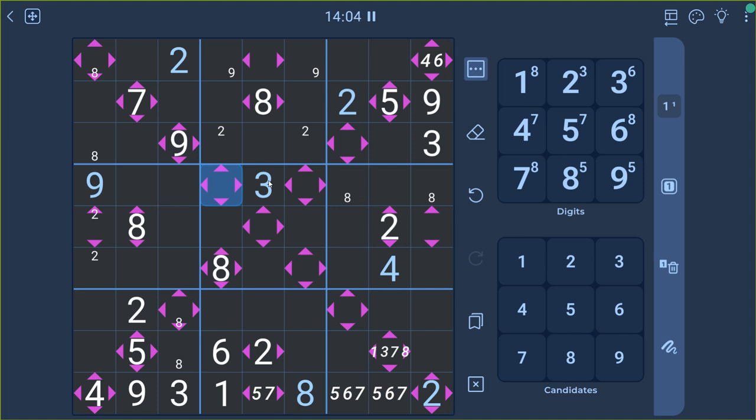This can be a 4. 4 can go in 3, but this can't be a 3. 4 can go in 2. So that's either a 2 or a 4. If it's a 2, that puts a 4 here, which is also very possible.